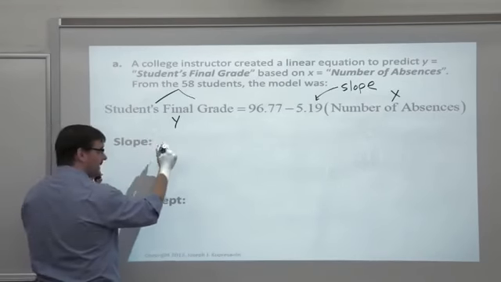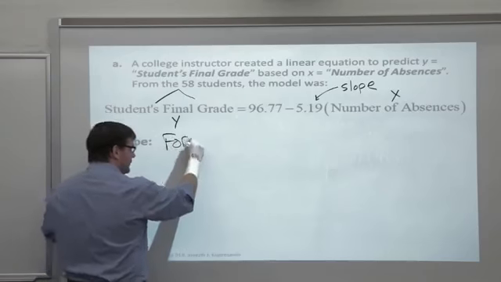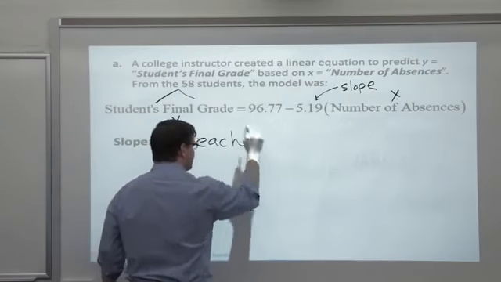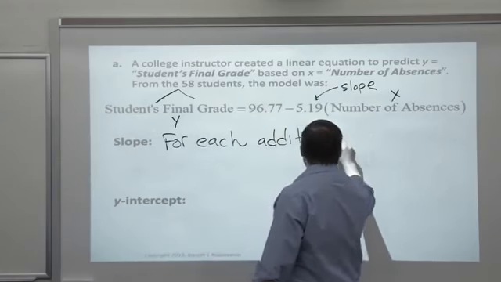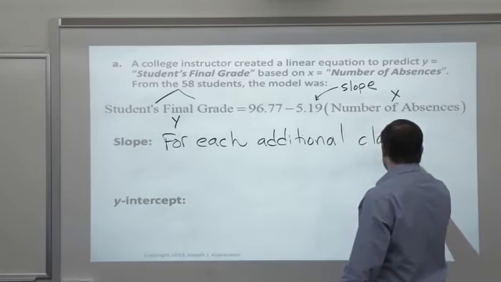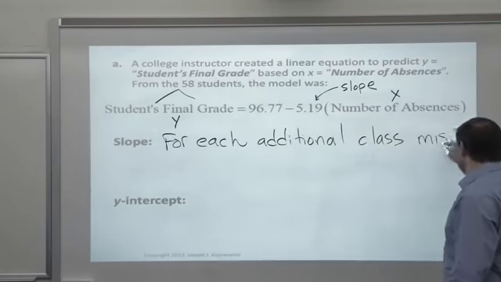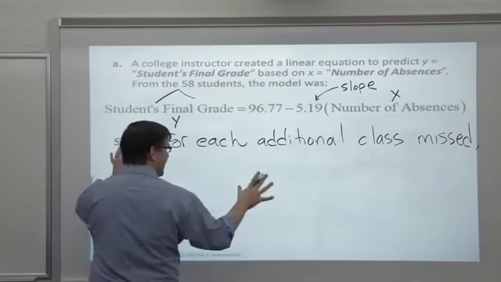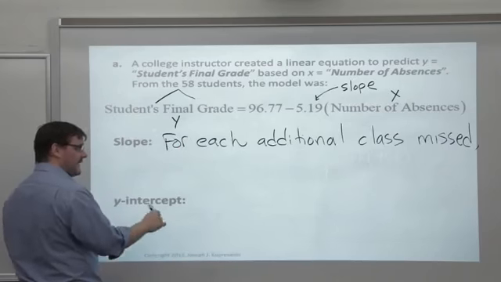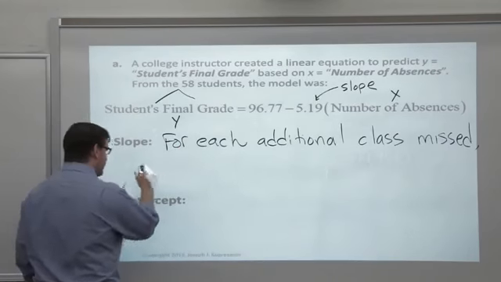All right, here we go. We'll write it down. For each additional class missed, the model is telling us grade decreases by 5.19 points.